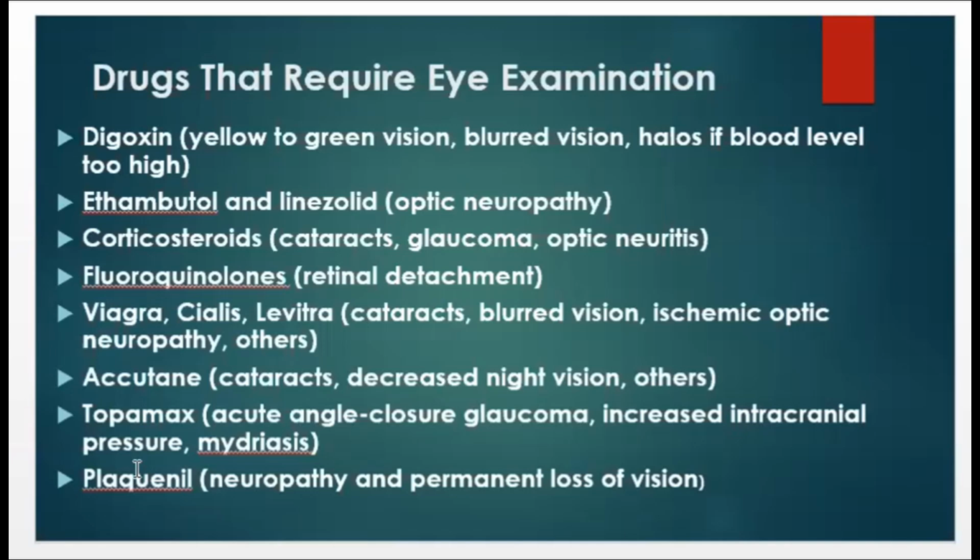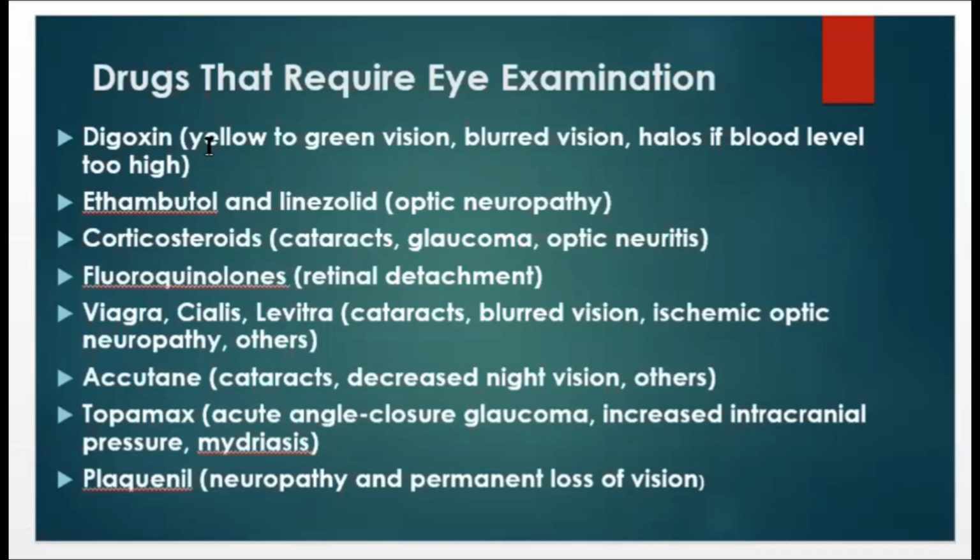If a patient is on Accutane, before you give it to the patient, they have to do pregnancy tests, and you only give them 1 month supply. You cannot give them more than 1 month supply. They're going to check for pregnancy when they come back, and you educate them, they have to be on 2 birth control methods. And another one is Topamax, because Topamax can cause all these complications, acute angle closure glaucoma. But don't forget Plaquenil, even if you don't remember the other ones, okay?